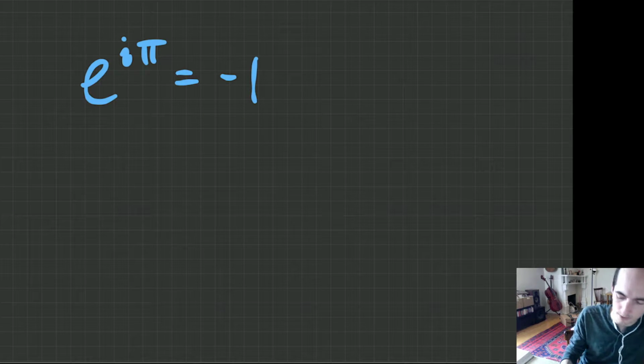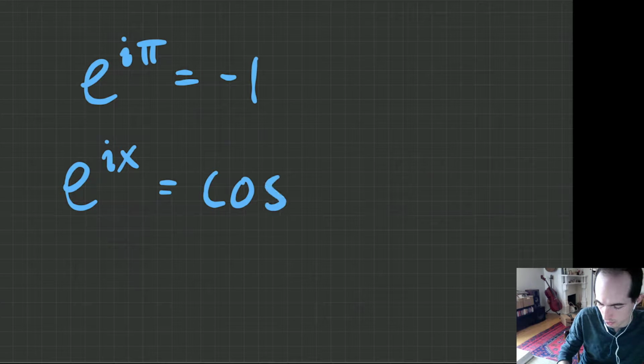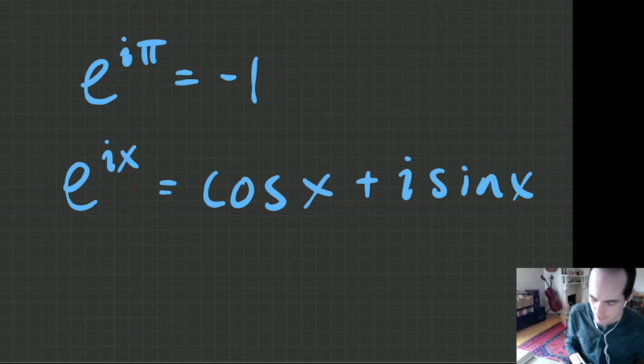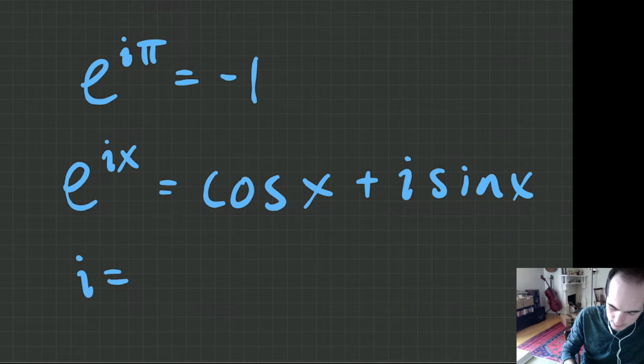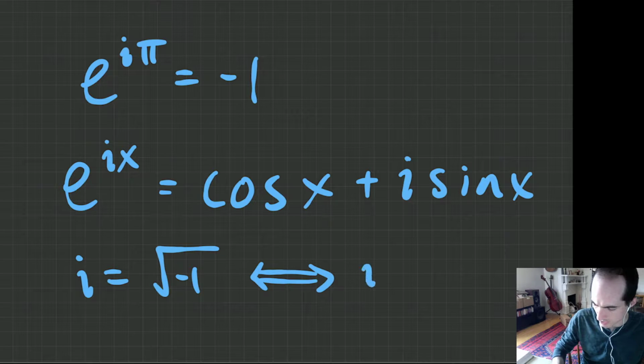Euler's formula in general is that e to the i times x is equal to cos of x plus i sine of x, where i is equal to the square root of -1, or in other words, i is the unique number such that when you square it, it's equal to -1.